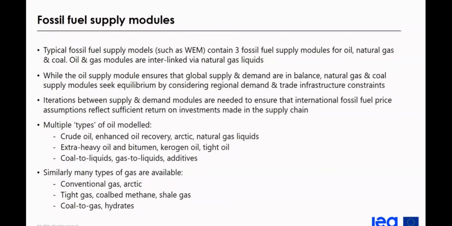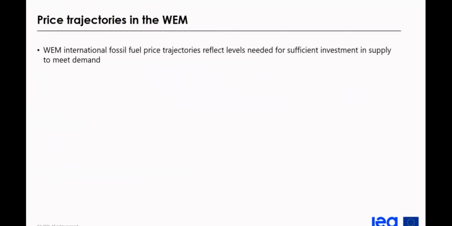To run those fossil fuel supply modules, there are many iterations between supply and demand, and prices play a key role. And as you will see, there are different typologies and types of oil and gas. Prices play a key role of equilibrium in the world energy model because it is based on the idea that fossil fuel prices reflect levels which are sufficient for investment, but also to meet demand.